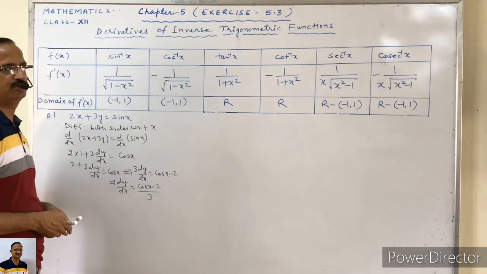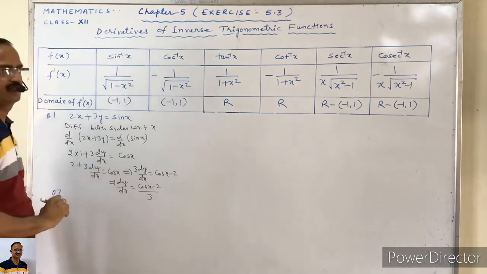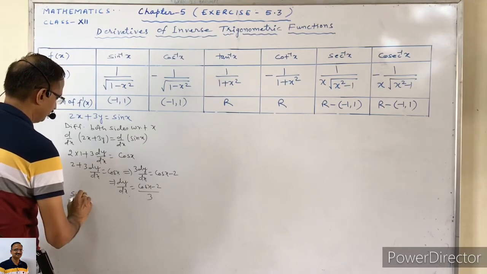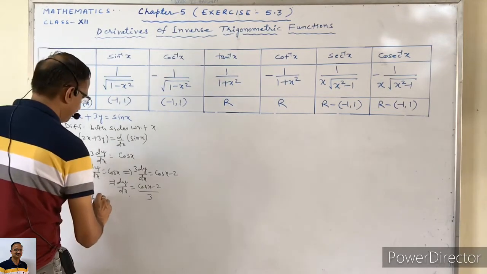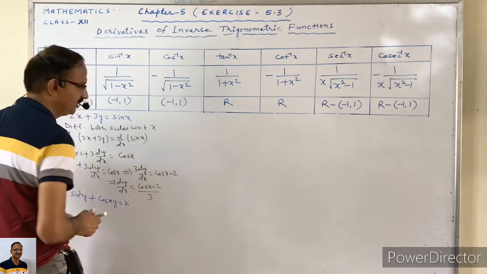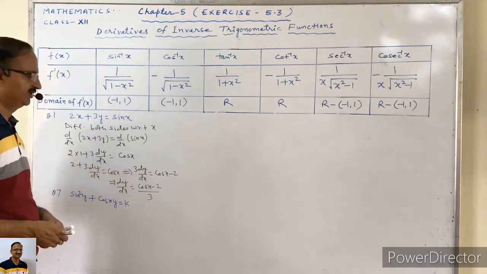Now come to question number 7. The question is like this: sin square y plus cos xy equals k. So we have to find dy by dx.